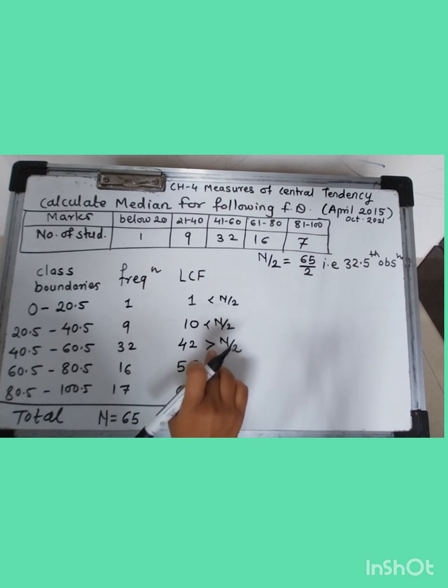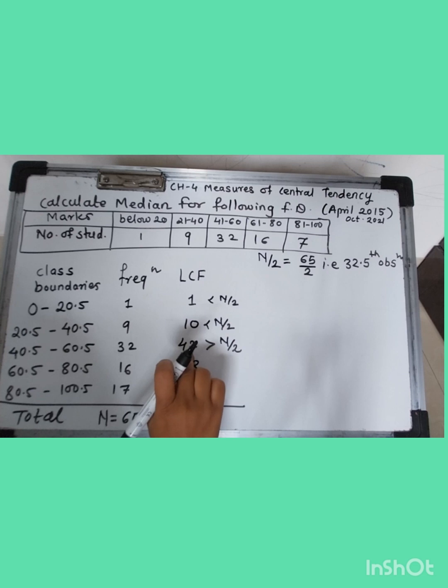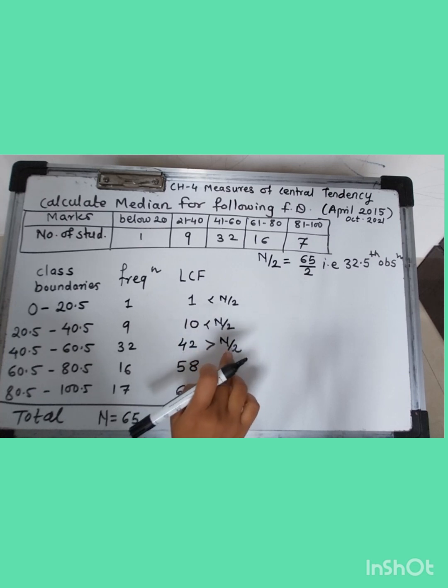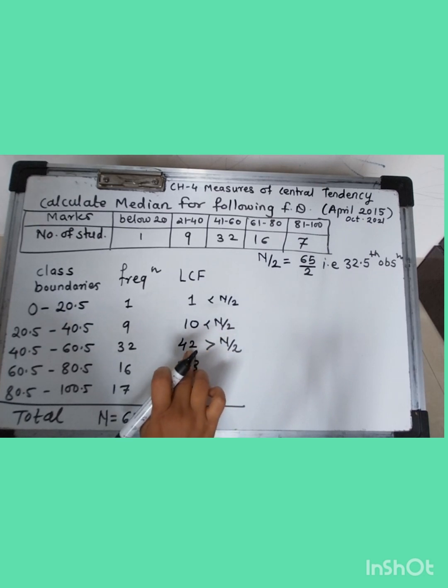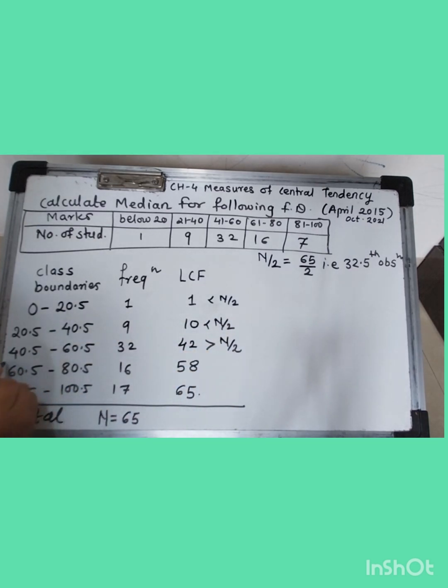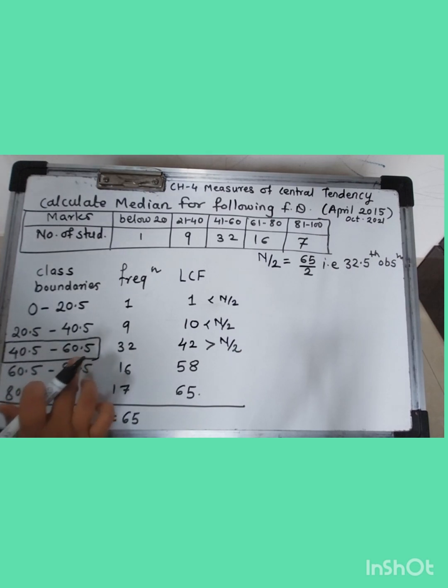So 42 is the greater value than n by 2, which is 32.5. So our median class is this one. Which one? 40.5 to 60.5 is my median class.